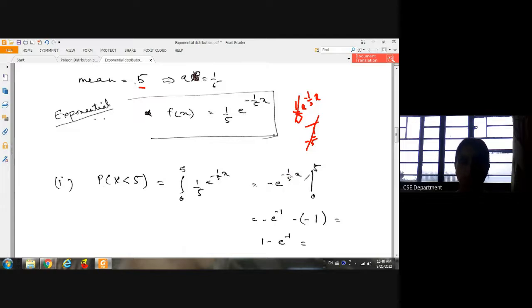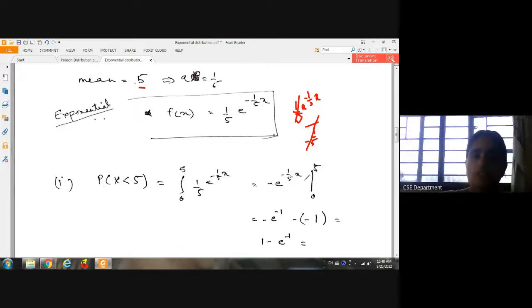Please use pen and paper to do this well, because this is the only integral you have in this module. Same integral, only the alpha values, that constant will be different, that's all. So if this is the integral from 0 to 5, if you put x equal to 5, 1 by 5 into 5 is 1.